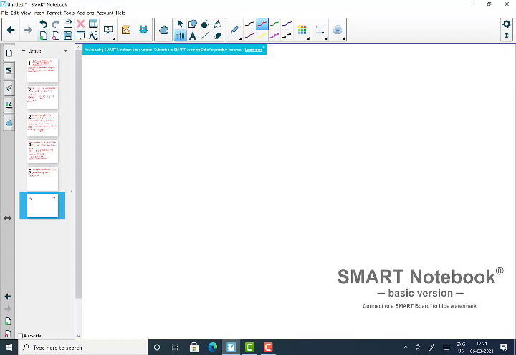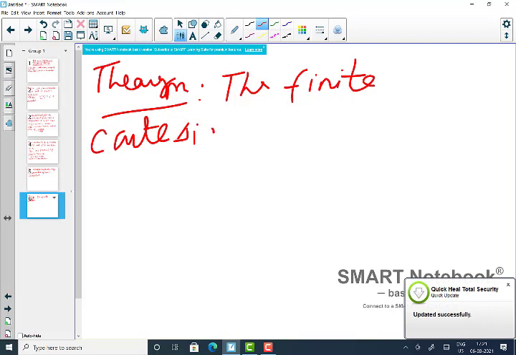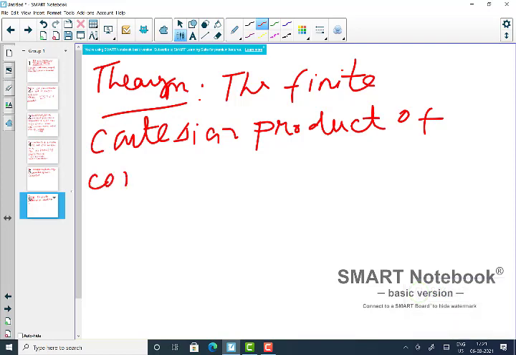So the theorem: the finite Cartesian product of connected spaces is connected.